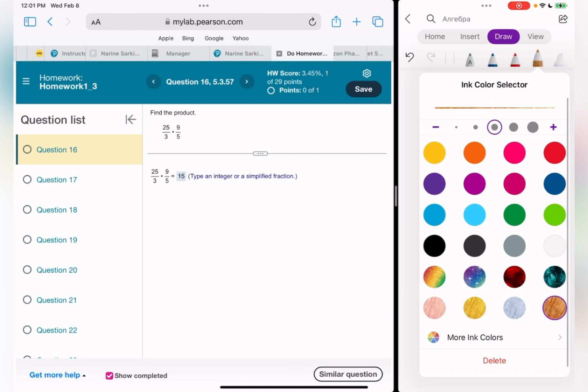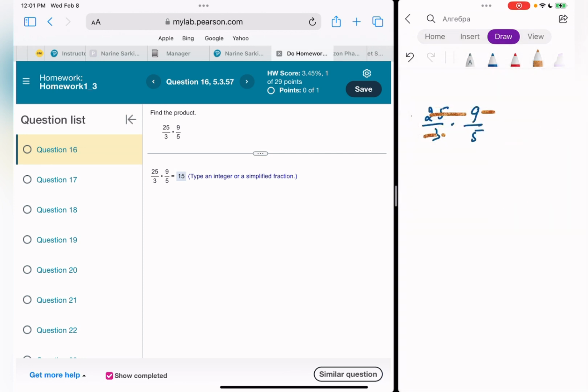Let me get a thinner pen. So 25 times 9, 3 times 5. And then I can reduce any number in the numerator with any number in the denominator.